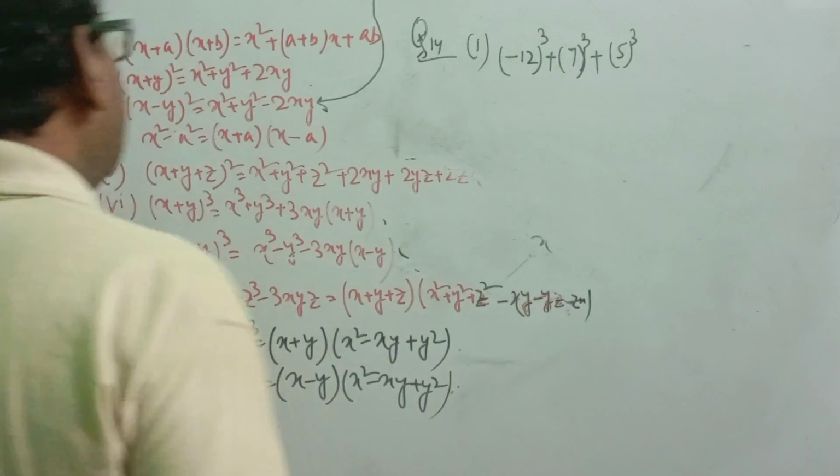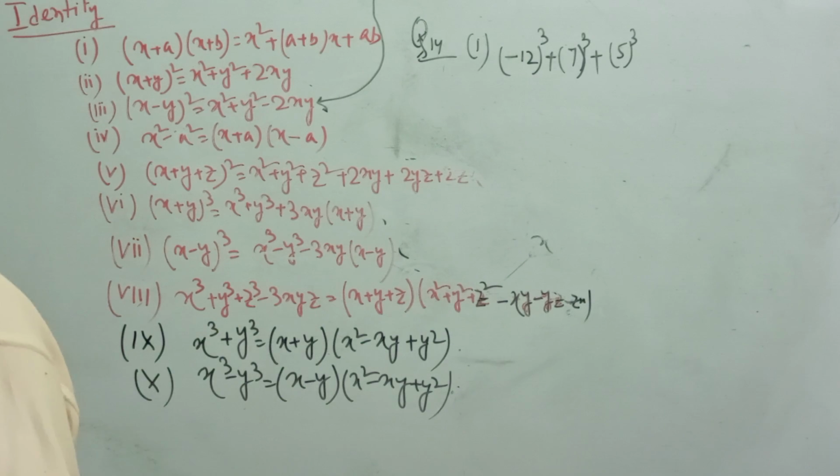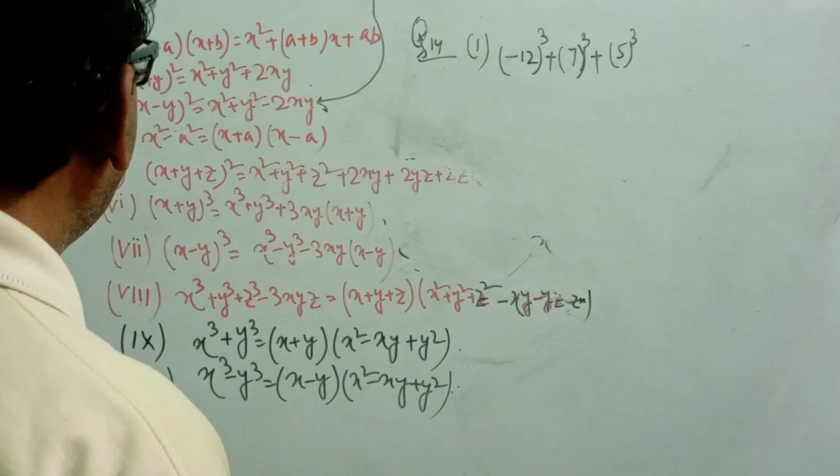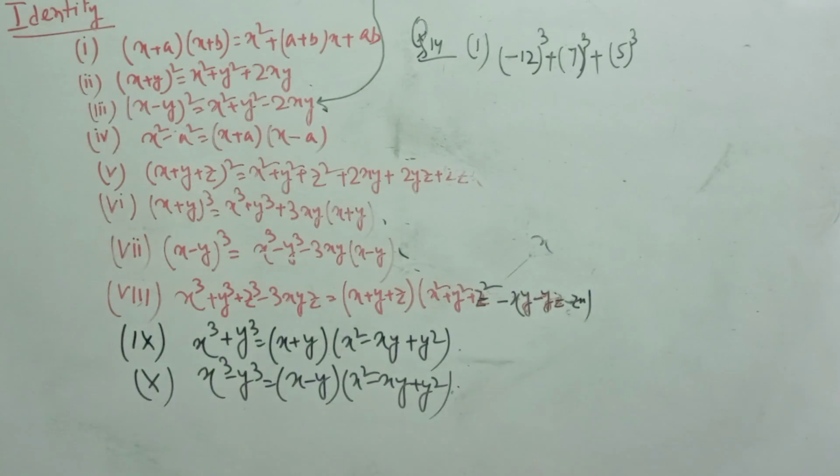These three things are given. So how do we find out the value? All are cubes.